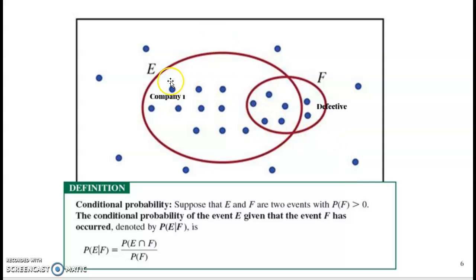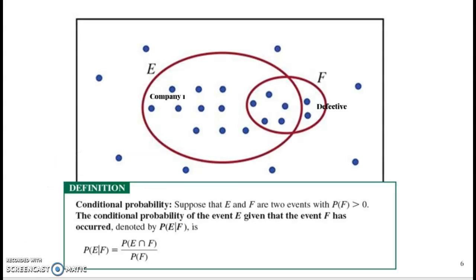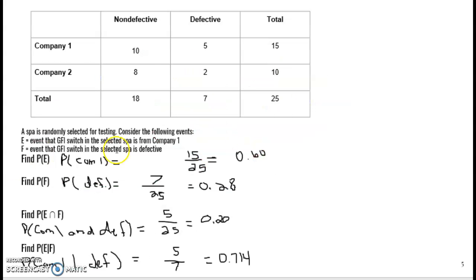And this is the Venn diagram of the problem that we were just looking at, right? So event F was the switch being defective, and we knew there were a total of 7. Event E was the switches that were in company 1. If we go back, we know that company 1 had 15 switches, so there's 15 dots in here. But of those 15, we knew that 5 were defective.